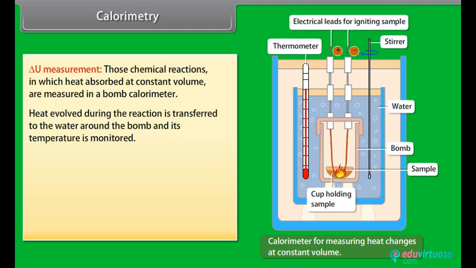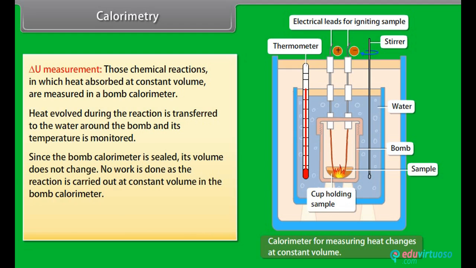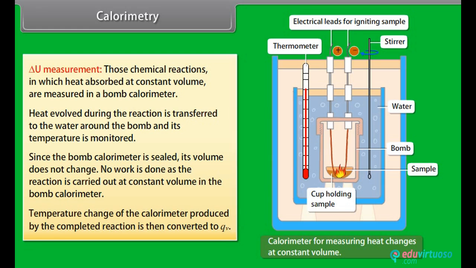Heat evolved during the reaction is transferred to the water around the bomb and its temperature is monitored. Since the bomb calorimeter is sealed, its volume does not change. No work is done as the reaction is carried out at constant volume in the bomb calorimeter. Temperature change of the calorimeter produced by the completed reaction is then converted to QV.